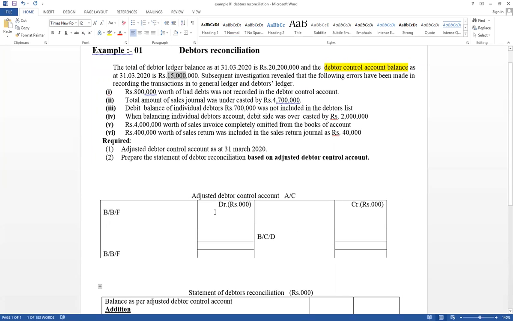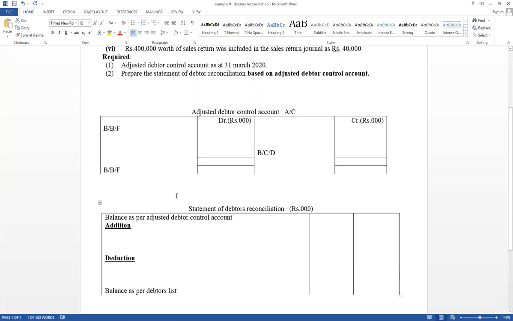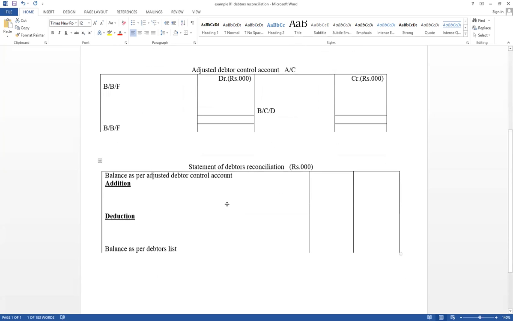There are three things you have to know. First, errors in the general ledger should be adjusted in control accounts. Errors in the debtors ledger should be included in the statement of reconciliation. Then, if something is completely omitted or erroneously recorded in the journal, it should be recorded in both the adjusted control account as well as the statement of reconciliation.